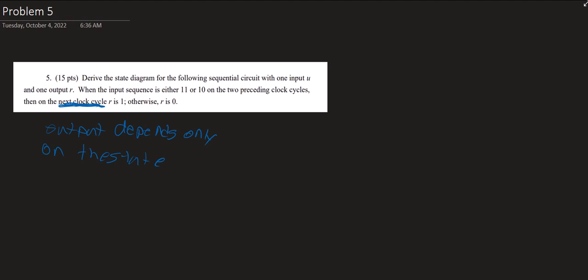And so we can put the output on the circles that are representing the states. So we need to figure out what our states are.